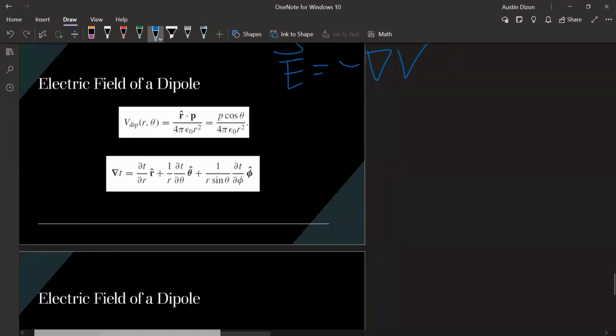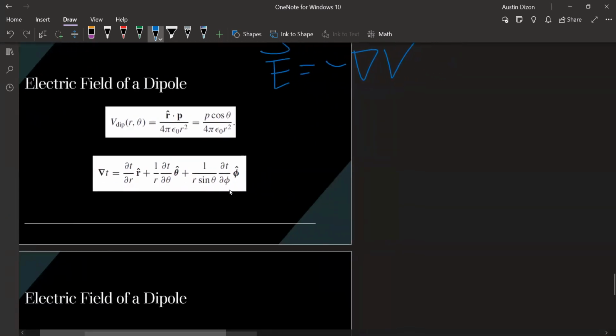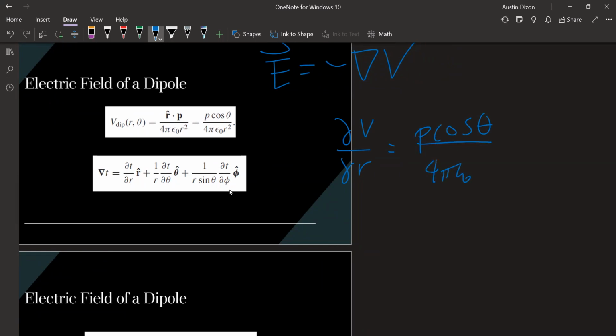So we evaluate this. We have to evaluate three derivatives. So the partial of V with respect to R. That is P cosine theta over 4 pi epsilon naught times 1 over r squared. What's your derivative? R to the negative 2, so negative 2 over r cubed.